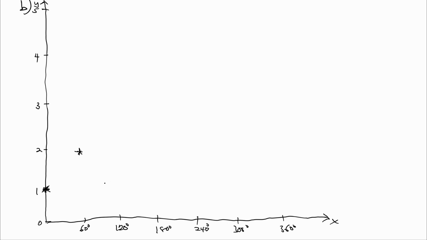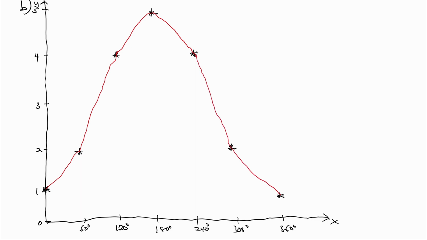When x is 120, y is 4. And when x is 180, y is 5. When x is 240, y is 4. When x is 300, y is 2. When x is 360, y is 1. So when we join the points, this is what our curve will look like.